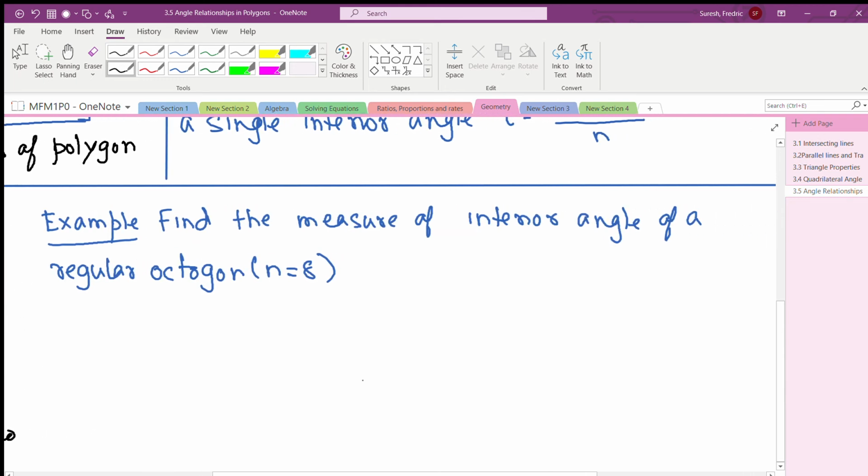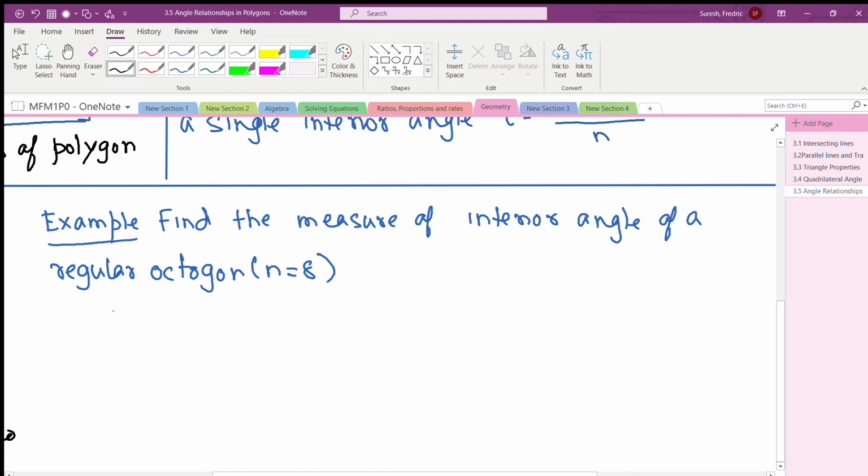Okay, second example. Find the measure of the interior angles of a regular octagon. An octagon is an 8-sided figure, and it's a regular one, which means all the interior angles of the octagon are going to be equal.